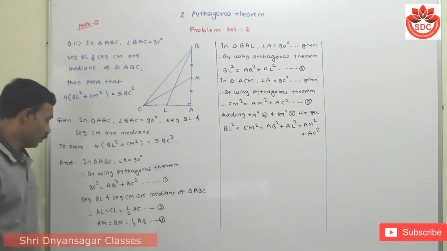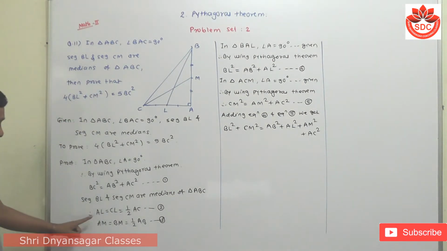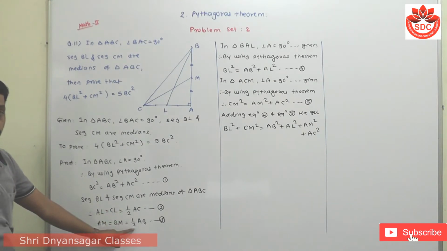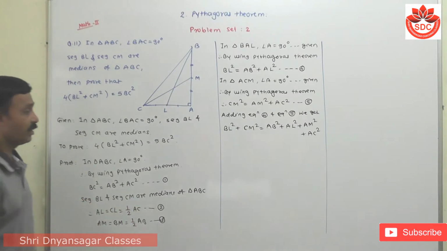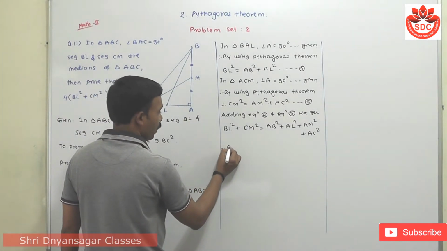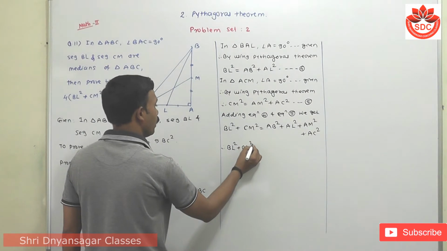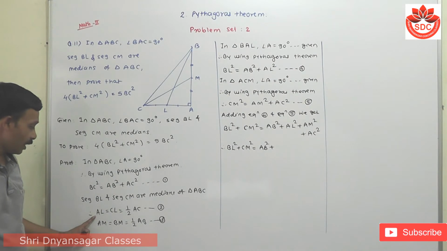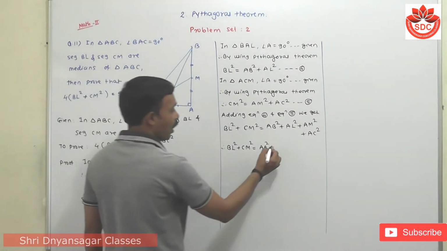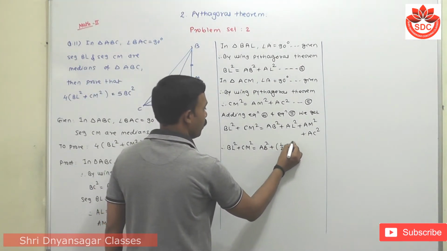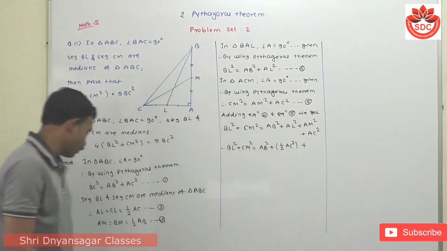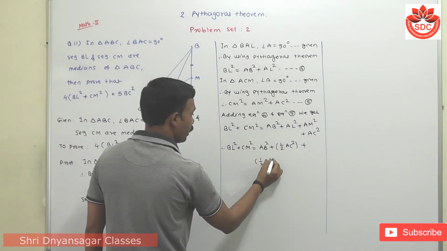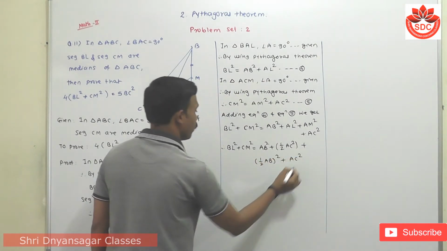Then look here, we substitute the value of AL as half of AC and AM as half of AB from equations 2 and 3. Therefore, BL square plus CM square is equal to AB square plus half of AC bracket square plus half of AB bracket square plus AC square.